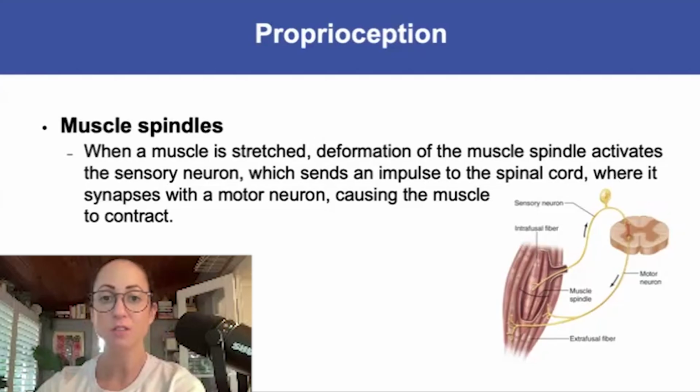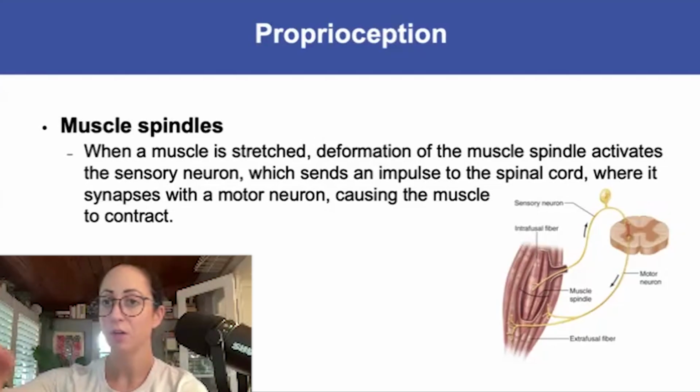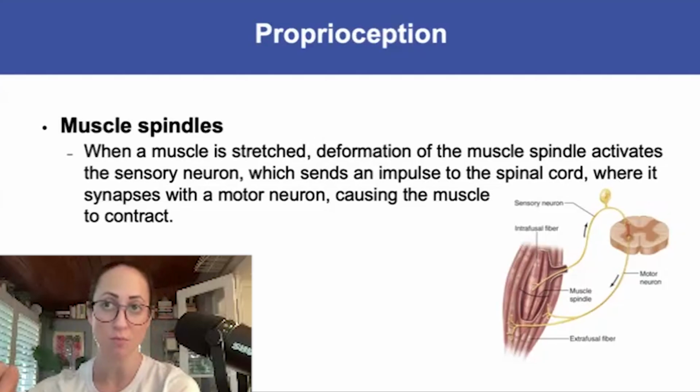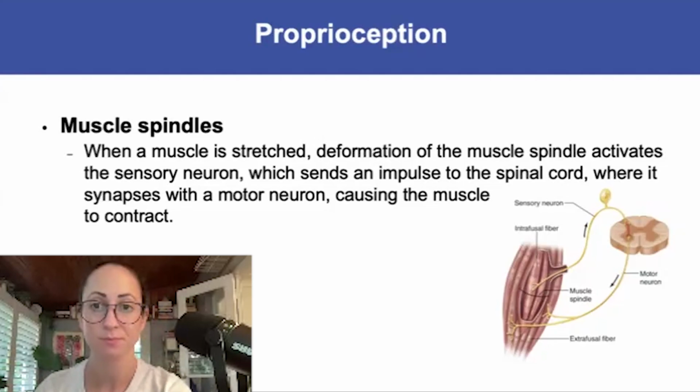That motor neuron is going to go right back to the same muscle, but the extrafusal fibers now, and tell it to contract. So it's a simple arc of sensory information coming from the muscle, going to the spinal cord, where its job is to synapse or talk to a motor neuron, and that motor neuron going back to the muscle to tell it to contract. It's activated by a stretch or a lengthening of the muscle.